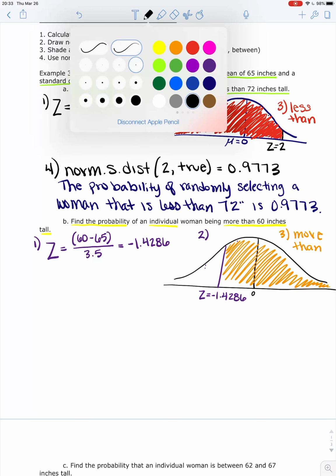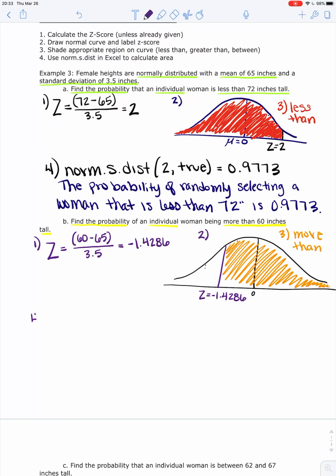And then the last step, step 4, is to use Excel. One of the tricky things with Excel, back in the previous example when we did this norm.s.dist, we put in 2, true. So we told Excel what our z-score is, and whether we want the probability of just this one value, or the probability of everything less than this value. Keyword, less than that z-score value.